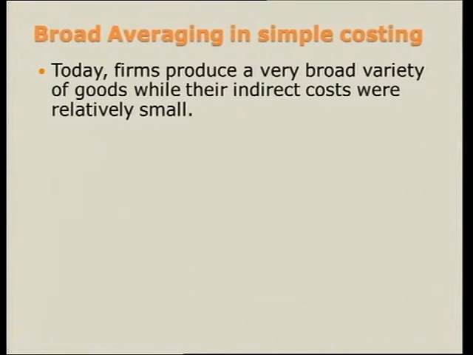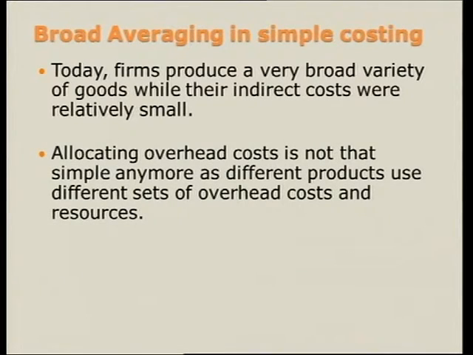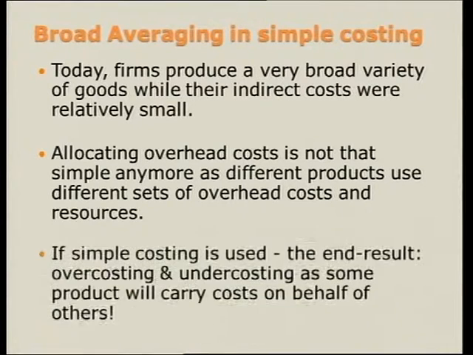Today, firms produce a very broad variety of goods, while their indirect costs were relatively small. That was in the past. Today, we see numerous amounts of products and we see numerous amounts of overhead costs. Allocating overhead costs is not that simple anymore, as different products use different sets of overhead costs and resources.